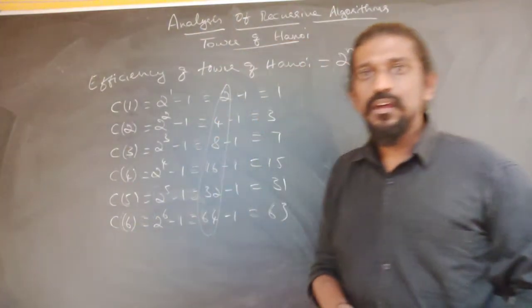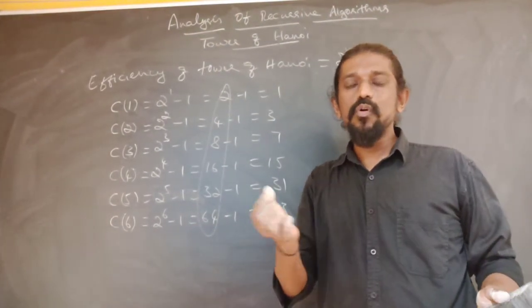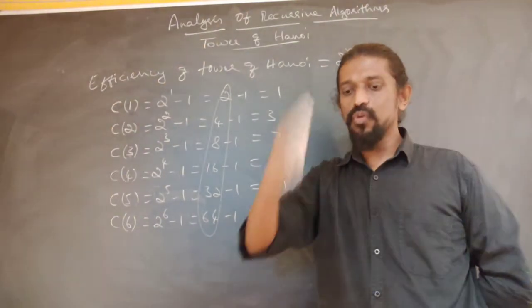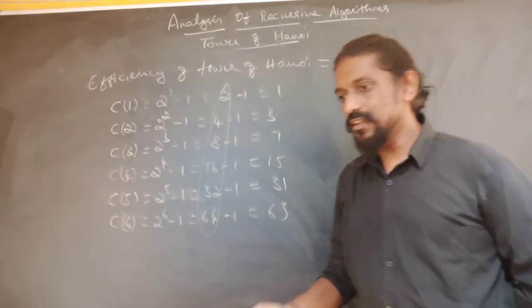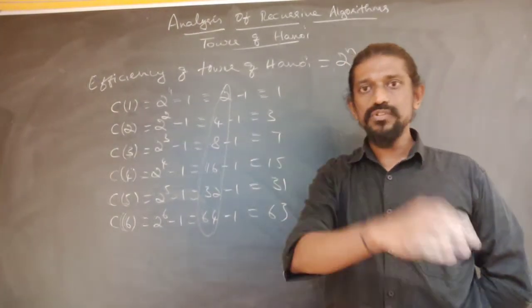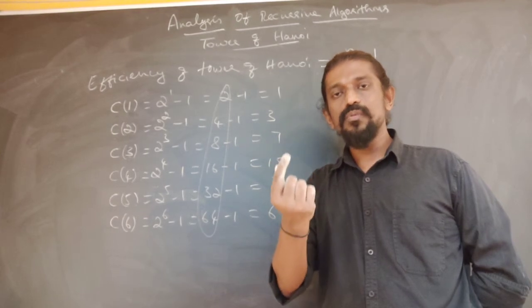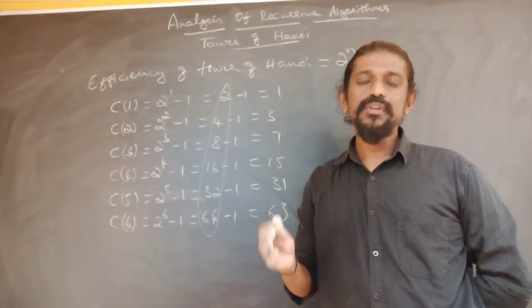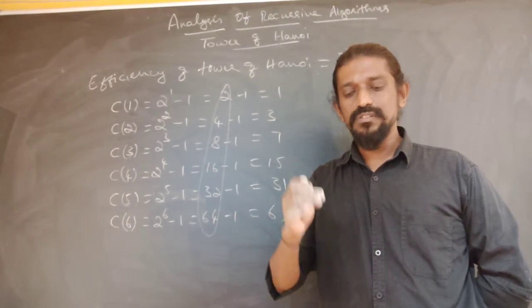Legend says that in a room there are 3 towers and 64 golden discs placed on 3 golden pins. Priests are moving these discs from the source to the destination, and if we assume that one disc is moved per second, to move all these 64 discs, the time taken will be 5 times the life of the universe till now.